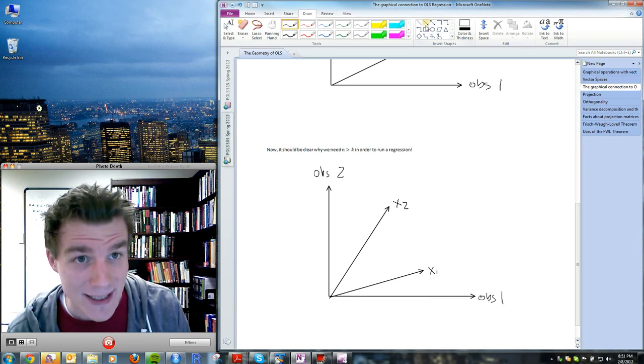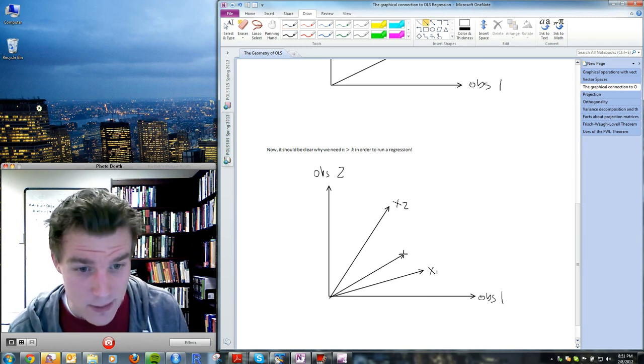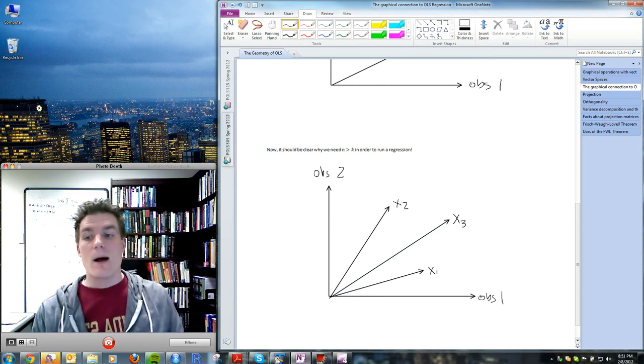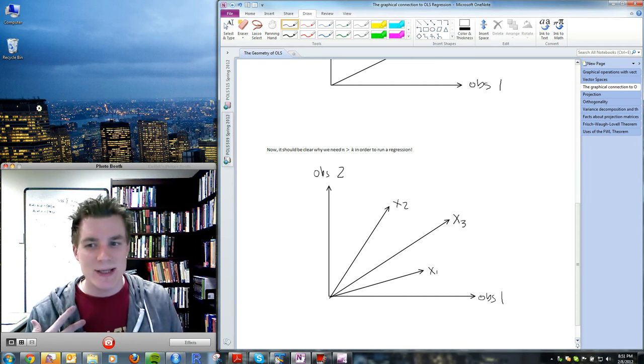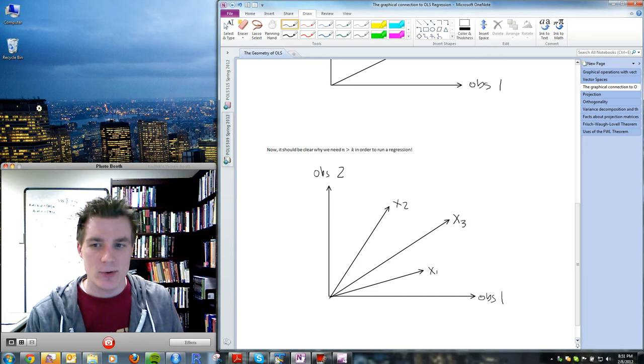If I start throwing in even more variables, here's x3, now I have more variables than I have observations, so I don't really need that third variable to do any prediction in this space. It's superfluous.